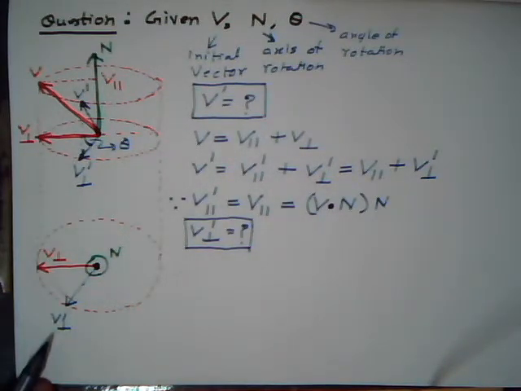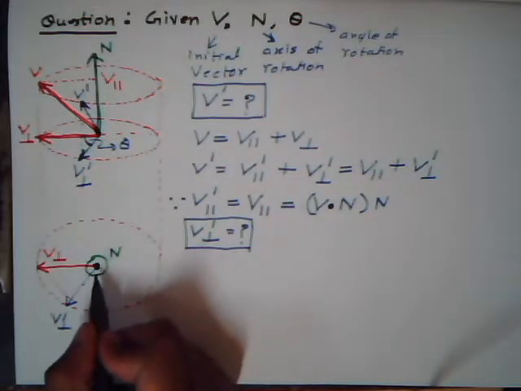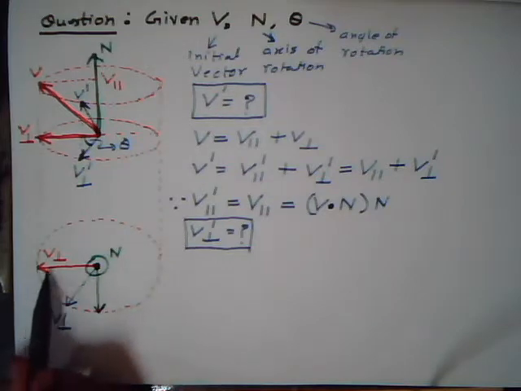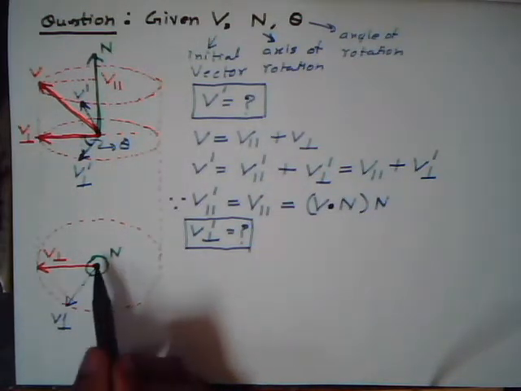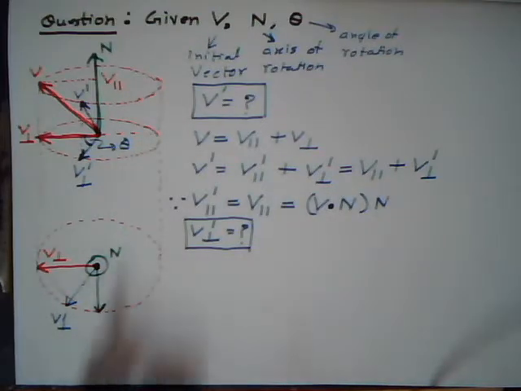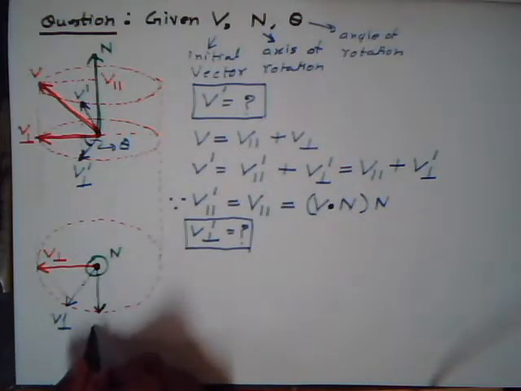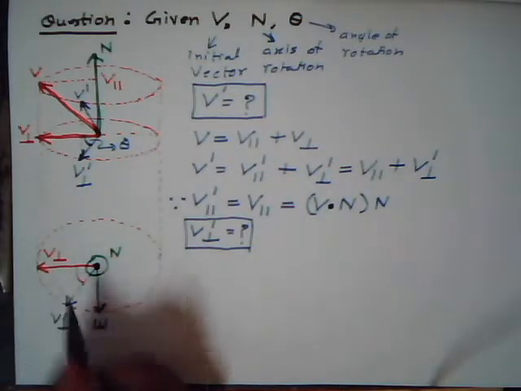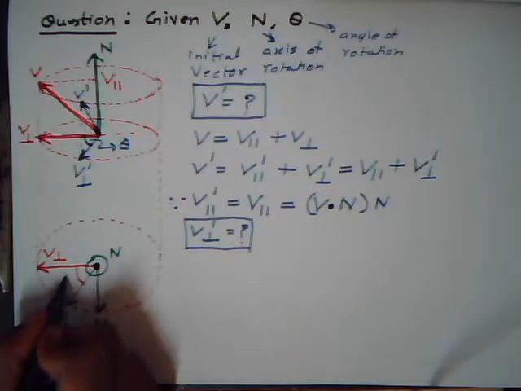To evaluate this, we shall first consider another vector which I am drawing with this black line, which is perpendicular to v perp and which is also perpendicular to n. Let me call this vector w, and this angle, which is the angle of rotation, is theta.